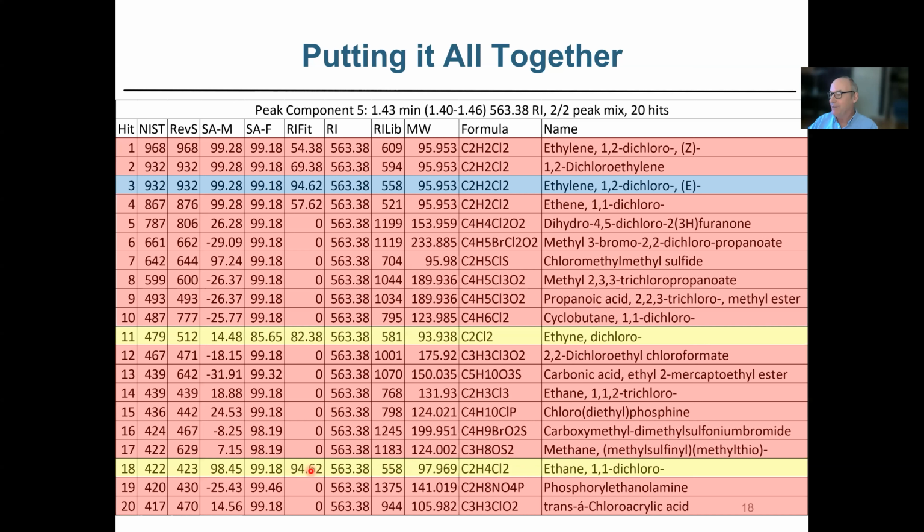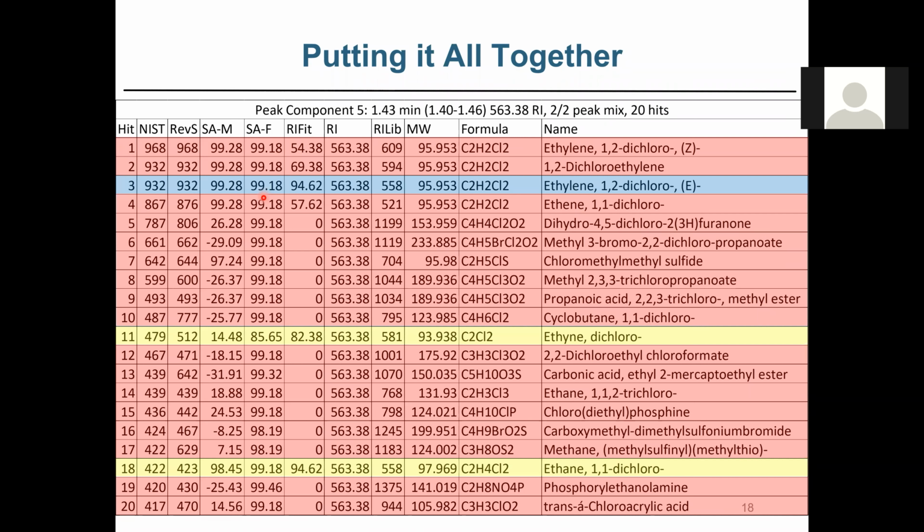Although notice that the retention index is pretty close. So that's another interesting piece of information. Since these two retention indexes are close, beware, you might have a mixture. But because of the very good hit results here, I'm pretty confident that we don't. And by the way, deconvolution is not perfect.